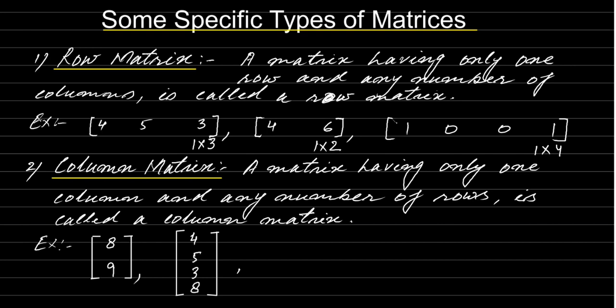In the example of column matrices, the first matrix has only one column and two rows, so 2 by 1 is the order of this matrix, as we have discussed. In the order, the first number always indicates the number of rows and the second number always indicates the number of columns. So 2 by 1. And in the same way, the order of the next column matrix is 4 by 1, 4 rows and 1 column.